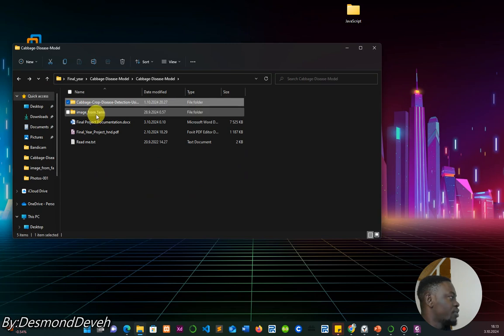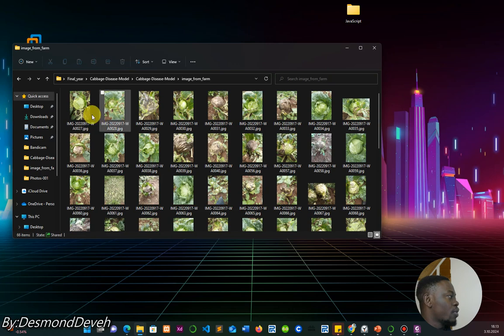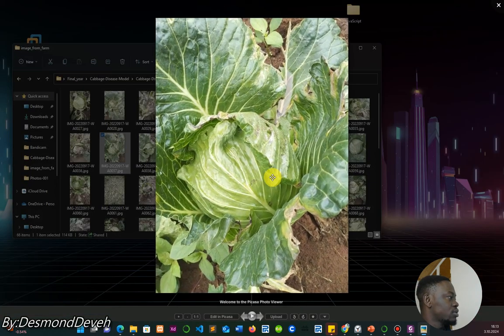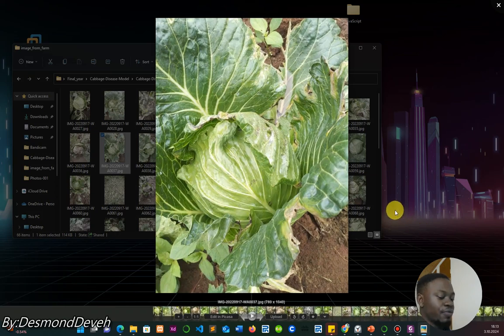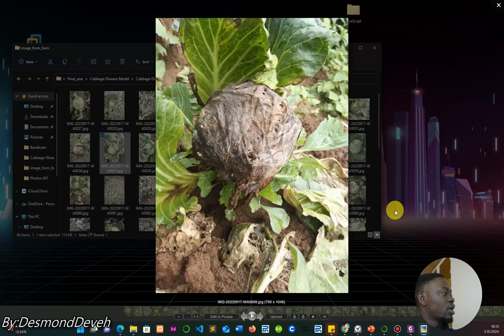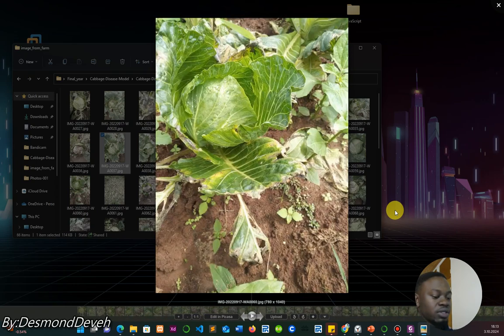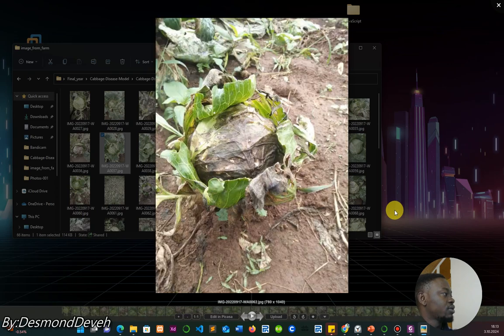This is a raw image that I went to a farm to take, so that it will help me in my detection. These are images taken from a farm, different kinds of images of infected cabbage. Some are not infected, some are infected.